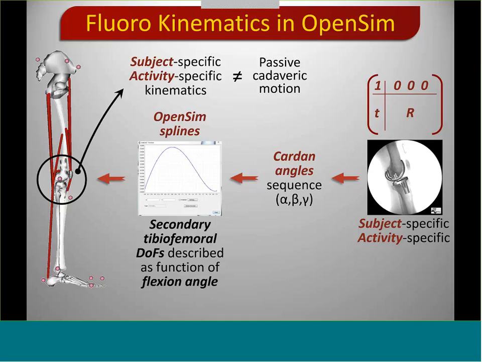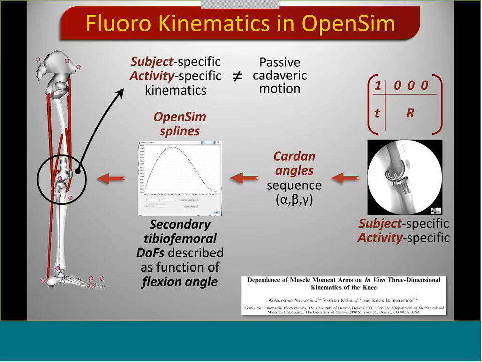And the results that we observed showed that in vivo kinematics actually has a substantial influence on moment arms. And I refer you to the following publication for more details on our results. And the title of the publication is Dependence of Muscle Moment Arms on In Vivo 3-Dimensional Kinematics of the Knee.